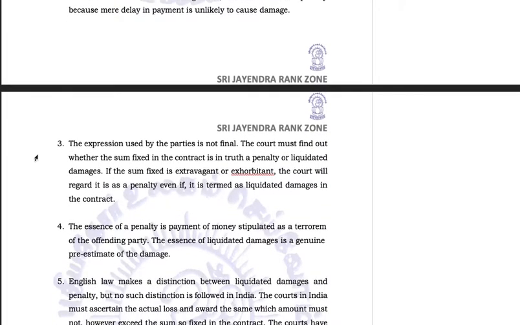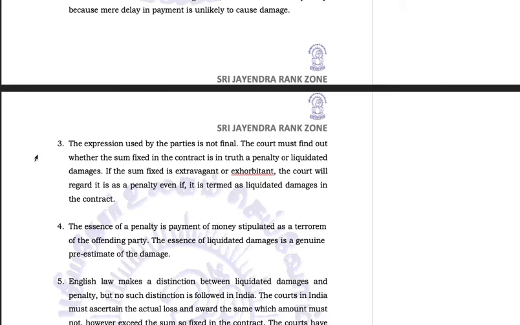The expression used by the parties is not final. The court must find out whether the sum fixed in the contract is in truth a penalty or liquidated damages. The parties may choose to call it liquidated damages, but the court will decide whether it is liquidated damages or a penalty. If the sum fixed is extravagant or exorbitant, the courts will regard it as a penalty even if it is termed as liquidated damages in the contract.